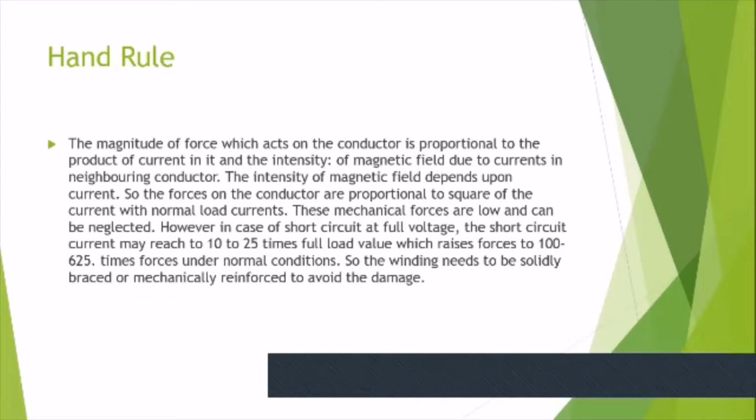With normal load currents these mechanical forces are low and can be neglected. However, in case of short circuit at full voltage, the short circuit current may reach 10 to 25 times full load value, which raises the forces to 100 to 625 times those under normal condition. So the winding needs to be solidly braced or mechanically reinforced to avoid damage.